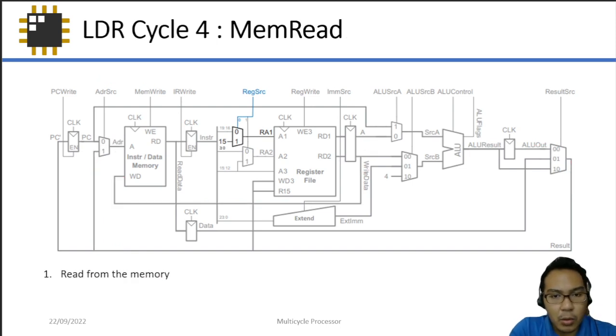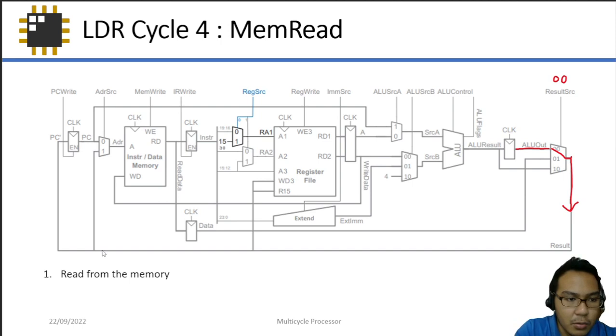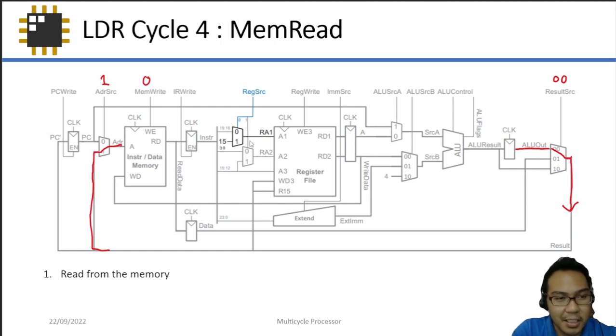What's cycle 4 for load? Well, we still have the address over here, so we're going to pass that through 0, 0, and it's going to be fed into the address of the memory. So this is 1. We don't want to write anything into the memory, so that's 0. You don't really care about this because we're not writing into the memory.